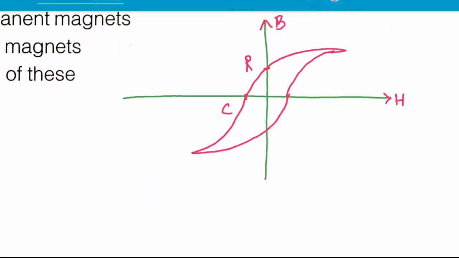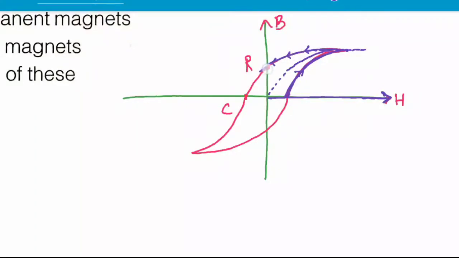I am explaining: I increase the magnetic force across the metal, and B will increase, and after certain time this will come to saturation. Then we decrease the magnetic force, and this will come in this way, not the same way we have provided, or this will first start from 0 and then come in this way.